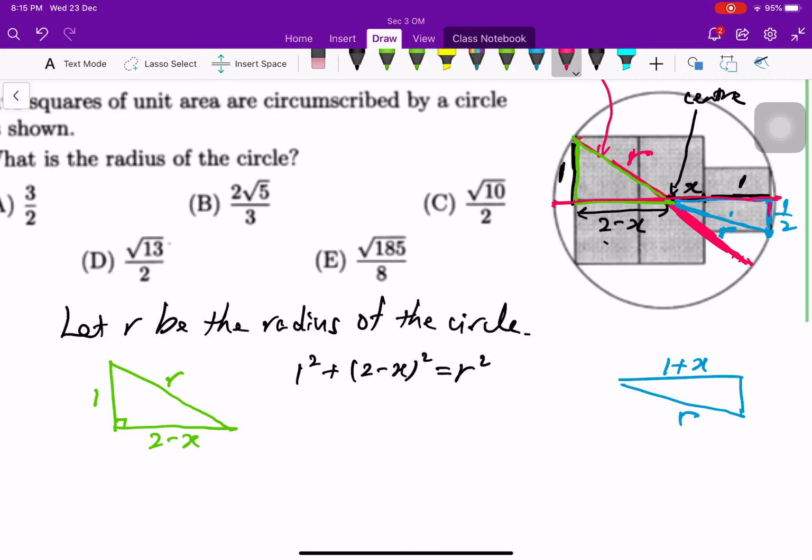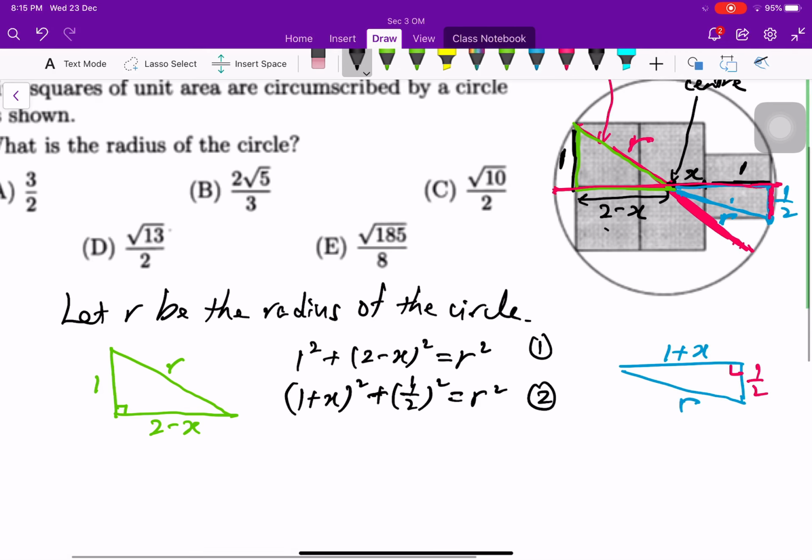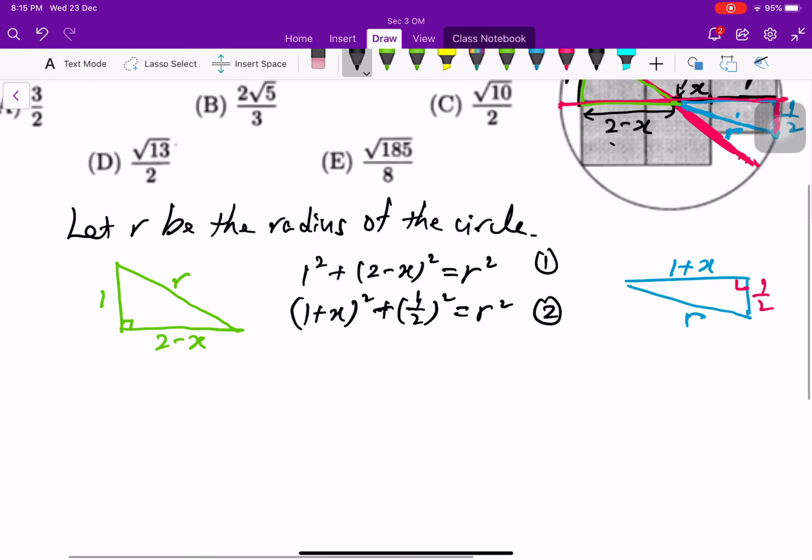Therefore this part here is half, and this is 90 degrees. By Pythagoras theorem, (1 plus x) squared plus half squared is equal to R squared, right? This is equation 1, this is equation 2. Basically, equation 1 is equal to equation 2.